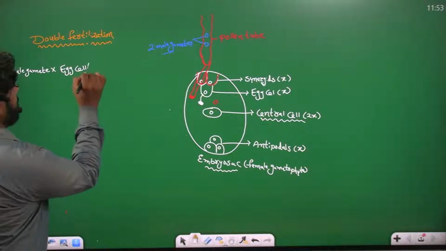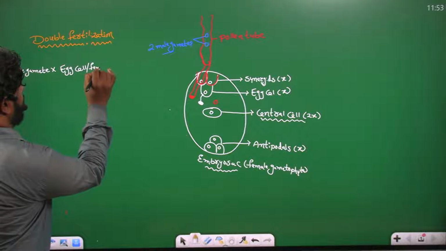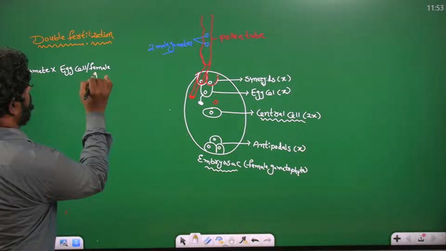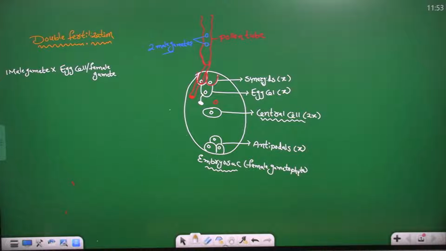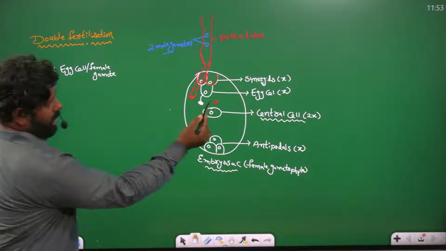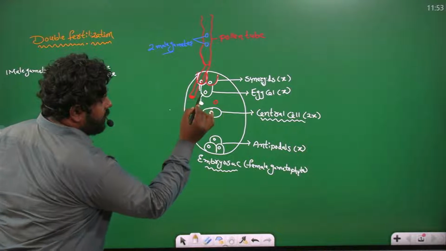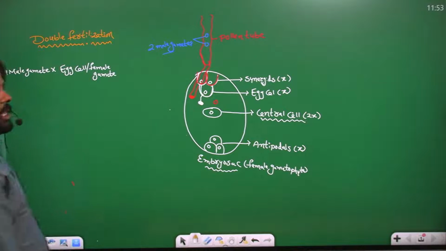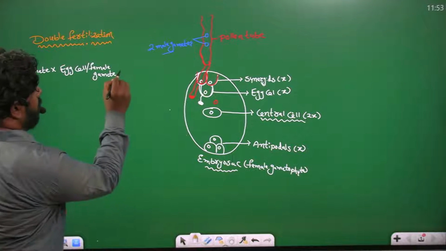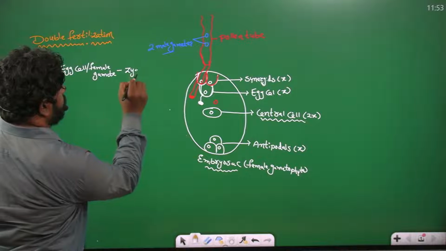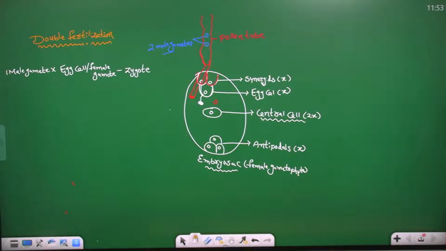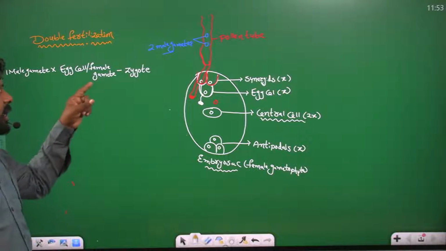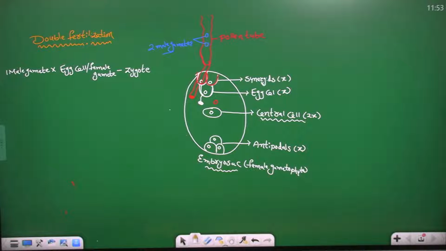The egg cell also acts as the female gamete. Out of 2 male gametes, 1 male gamete is fertilized with the egg cell, and the result is the zygote.